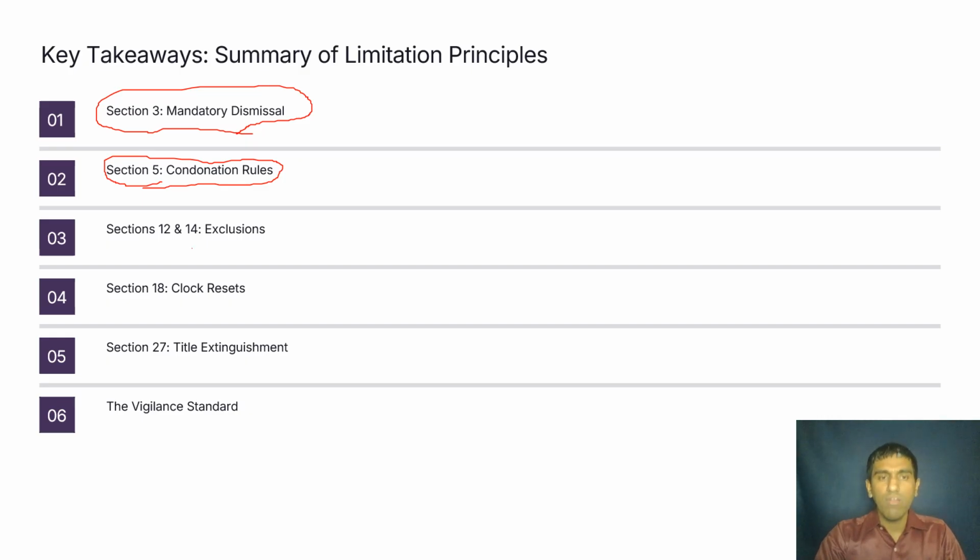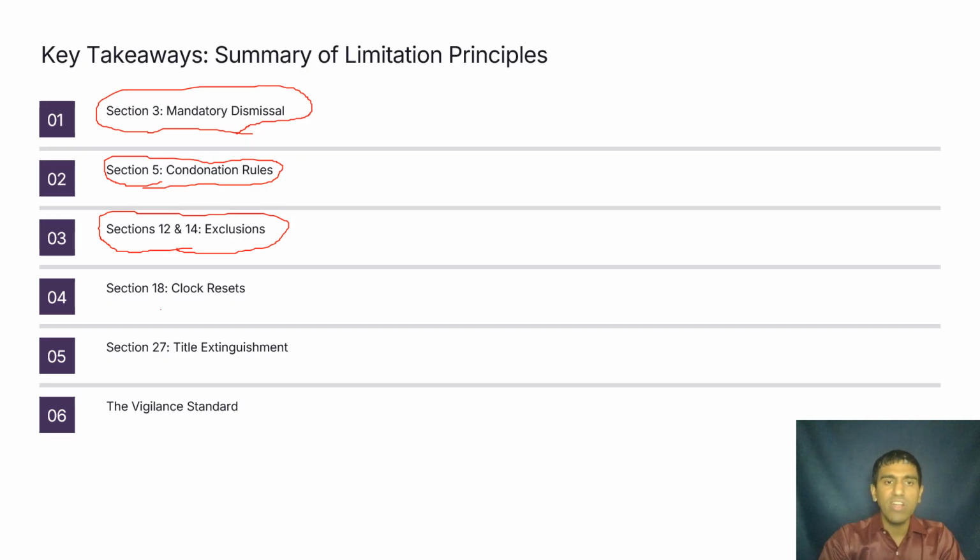Then section 12 and 14, as I said earlier, provide for exclusion of certain days and periods, let's say, spent in awaiting judgment or awaiting a copy of judgment from another court, or under section 14, fighting a case in the wrong court for genuine reasons, that period would be excluded, and so on.